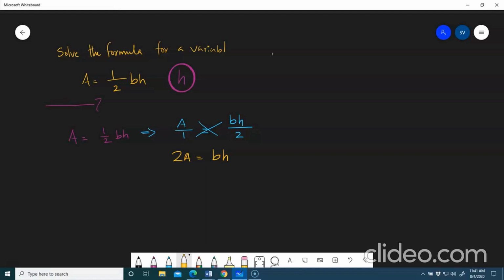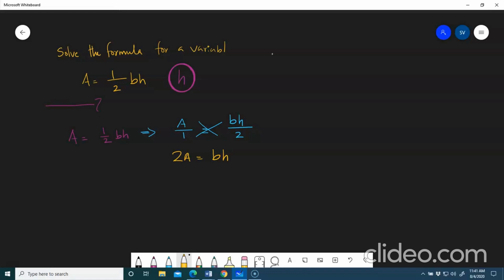Basically, if h needs to be the subject of the formula, we need only that particular variable on one side of the equal sign, and the remaining terms should be on the other side.